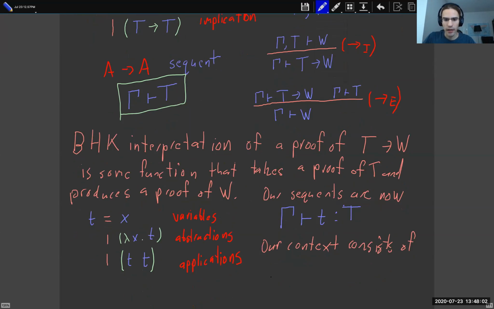So variable bindings to logical formulas, where the key is that every single term in our context is a variable.